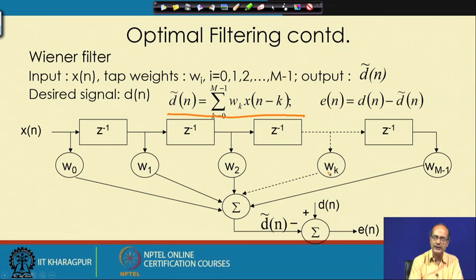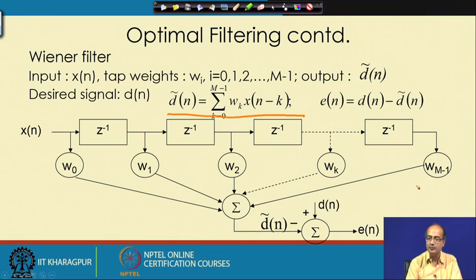What it suggests is that these weights are not varying with time. Whereas x n is changing with time, the desired signal is changing with time, and the prediction of the desired signal is also changing with time.